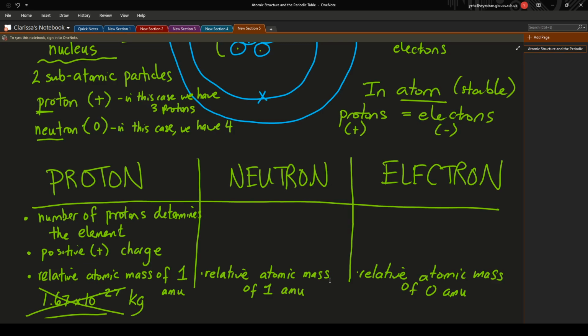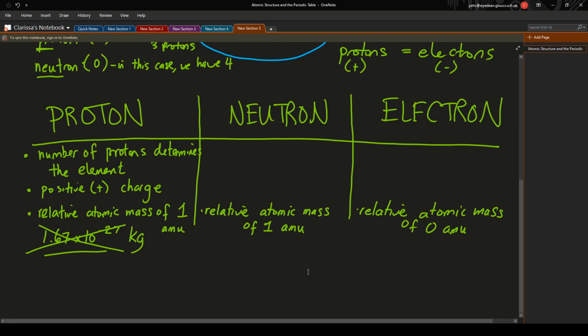Proton is 1, neutron is 1, electron is 0. So because of that, if you look back on the periodic table, that number at the top, the relative atomic mass, is only going to include the number of protons plus the number of neutrons.